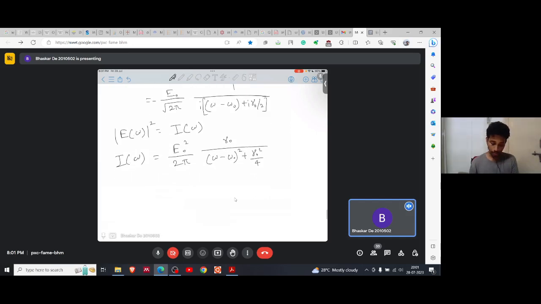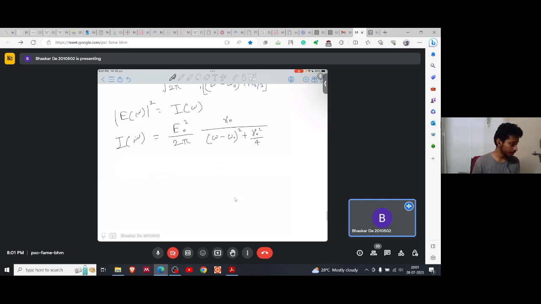So this is the frequency profile of the electric field.